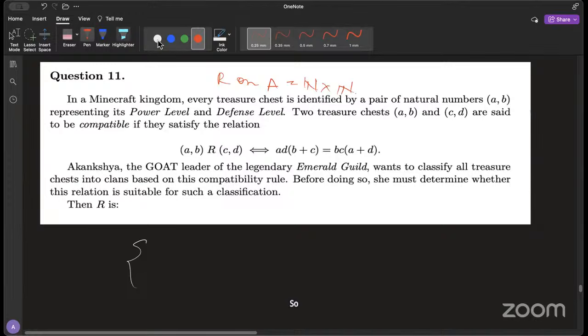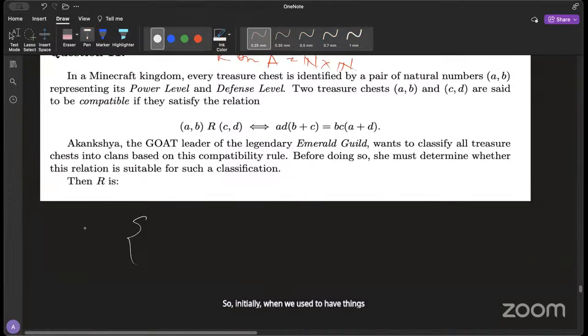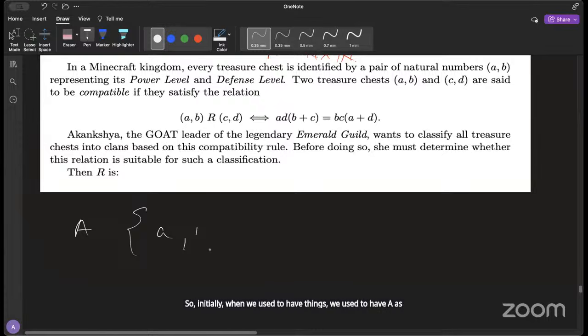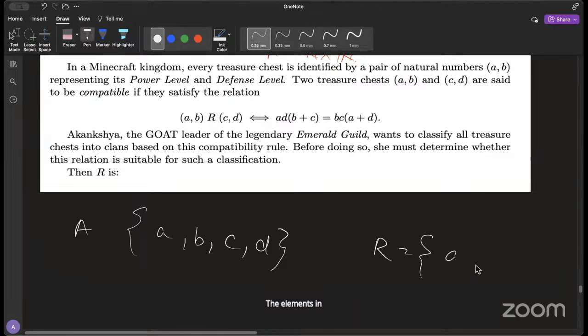So initially, when we used to have things, we used to have A as A, B, C, D, and then we'll define a relation on it. The elements in your relation would look like tuples A, B, with A and B coming from whatever sets.